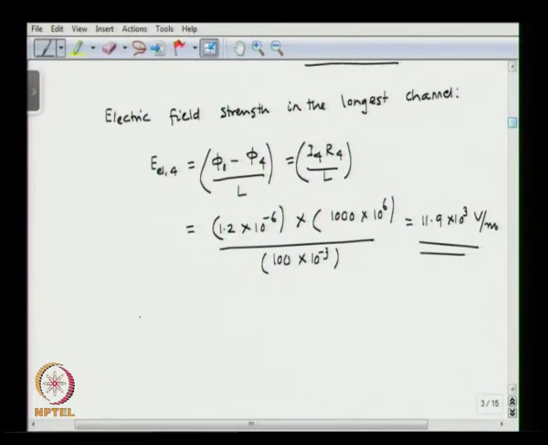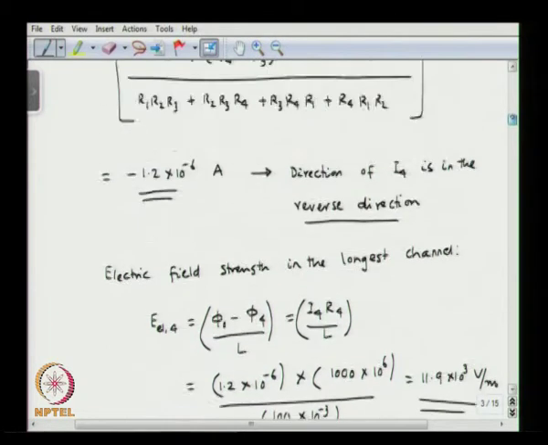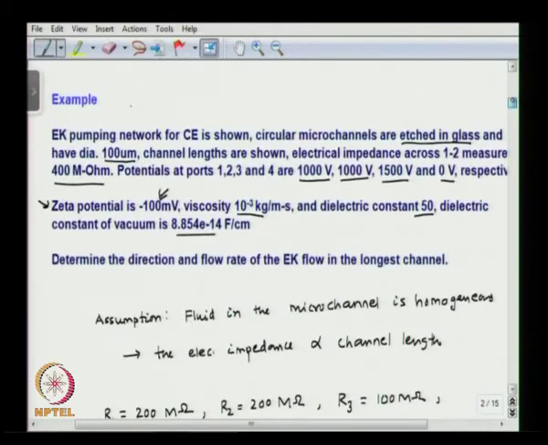Now, the electroosmotic mobility can be determined as mu electroosmotic equals epsilon 0 xi over eta. The dielectric constant of the liquid is 50, that is given, and the permittivity of the vacuum is 8.854 into 10 to the minus 14.